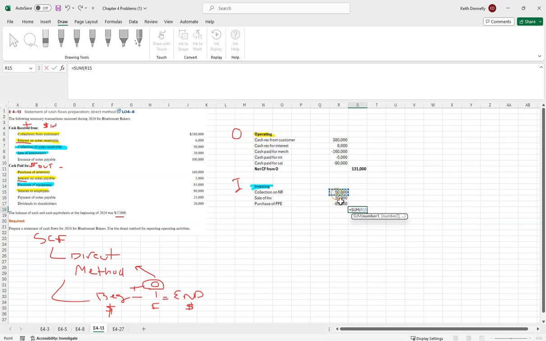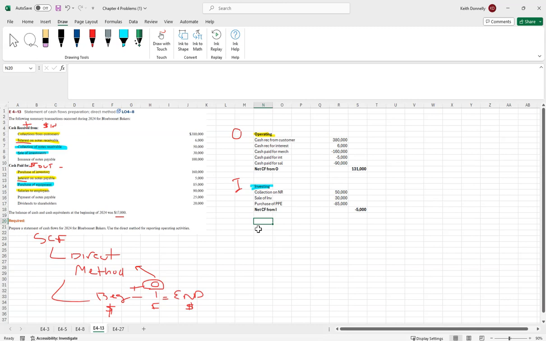Kind of just run the raw numbers on them there. Going crazy here. This is not working well. Right, we got -5. So that's going to be our net cash flow from investing.